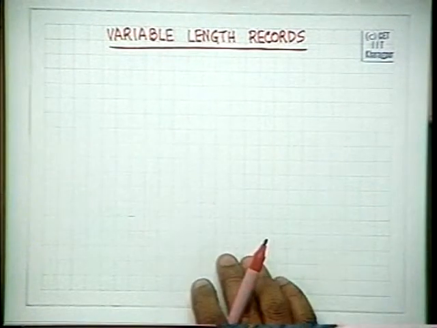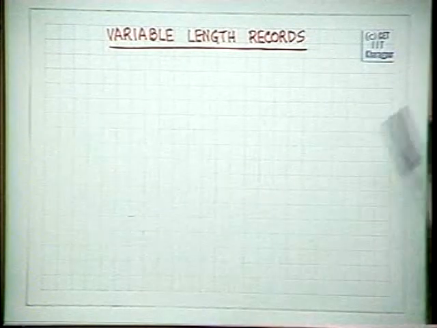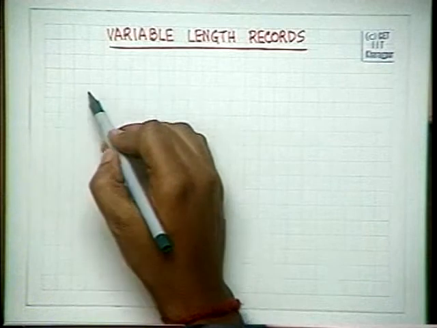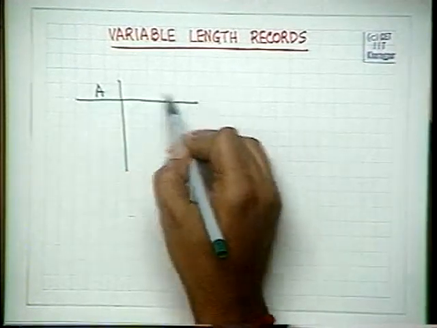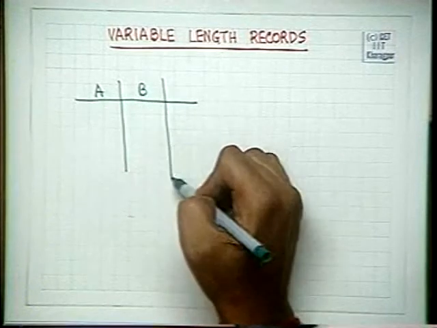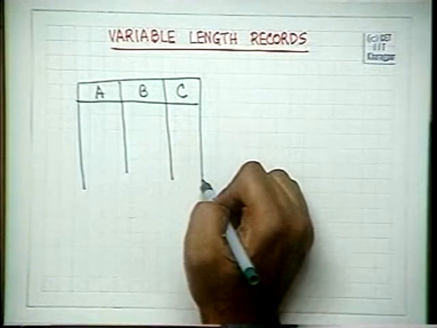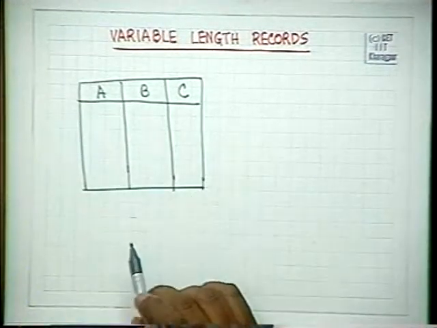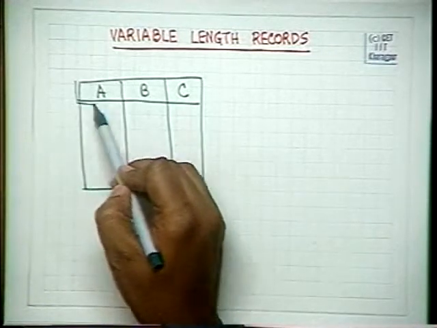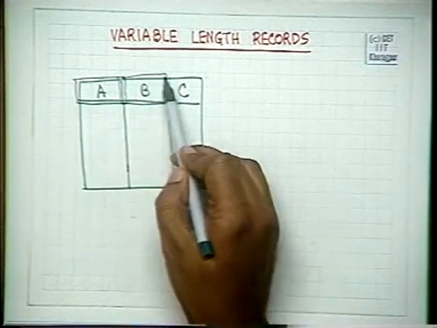Now, variable length records, where do they arise? Let us go back to our original example again, and we will see where variable length records arise. Somehow we may be interested in having one record for this, another record for this, and another record for this.